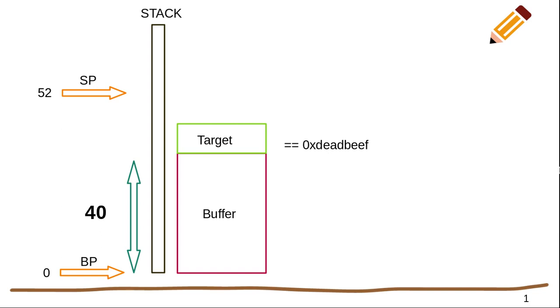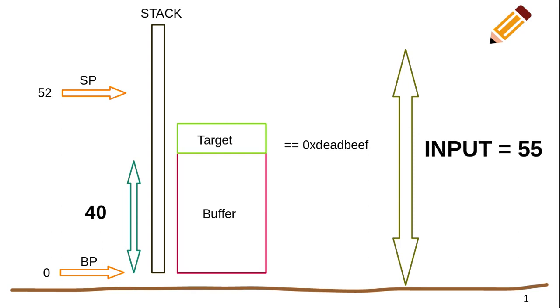So now what happens if we give input more than the buffer size, too much input, more than the size of the buffer? See, this is our input and we are holding our input at 55 bytes, what will happen?